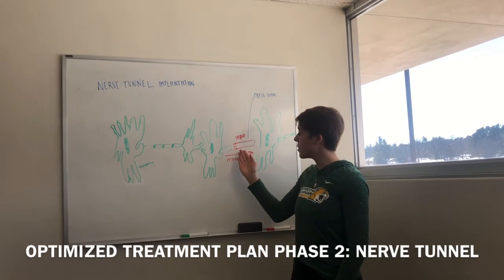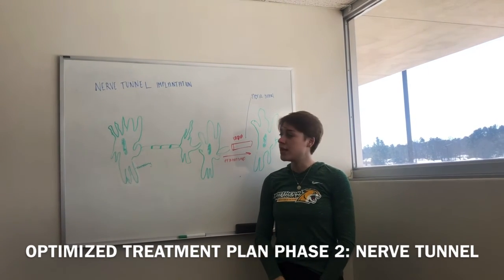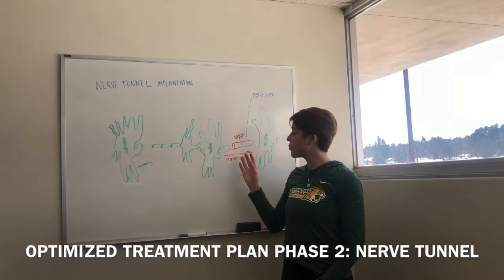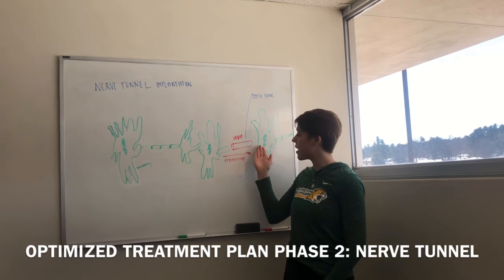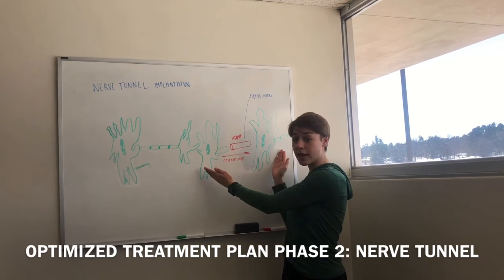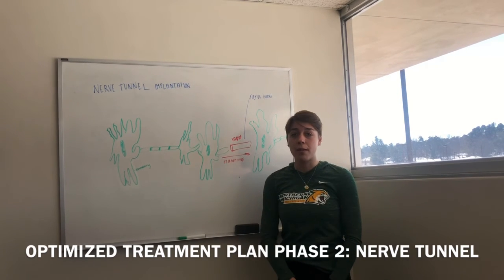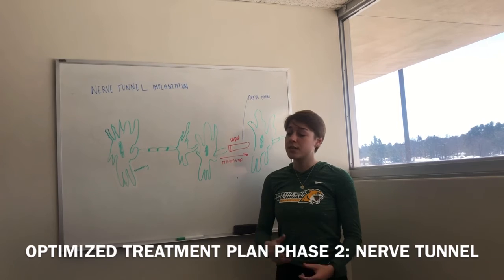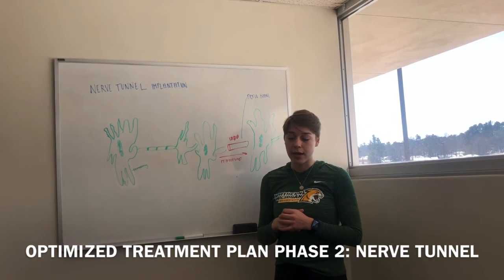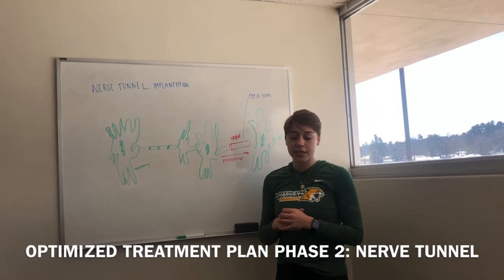So once this plastic tube is put in, the nerve cells are able to regenerate and grow in the correct direction from this cell to this cell in order for signals to be sent to and from. This does require surgery to be implanted.